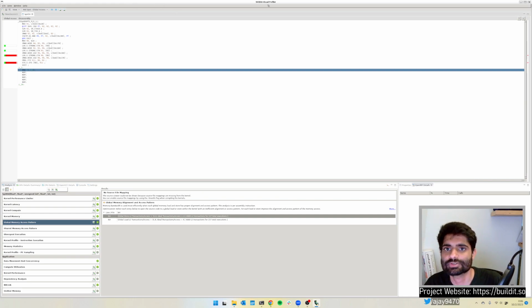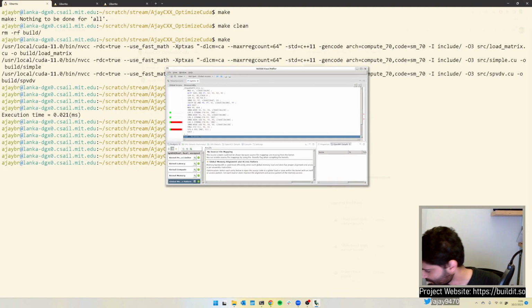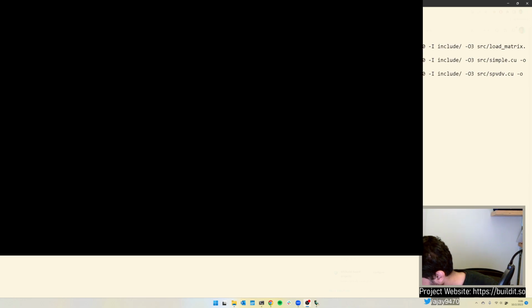Oh, I know how to do this. I'm going to add a window display instead of window capture. Okay, let's say the profiler, but obviously it doesn't want to capture.